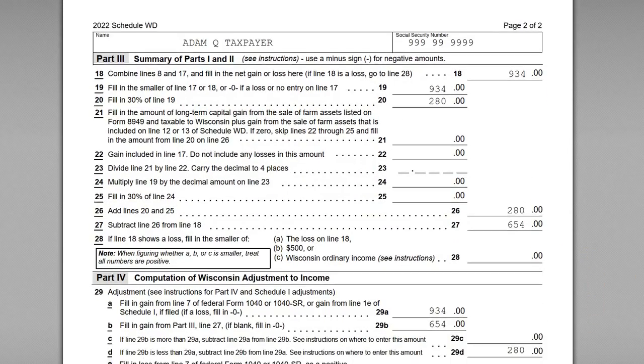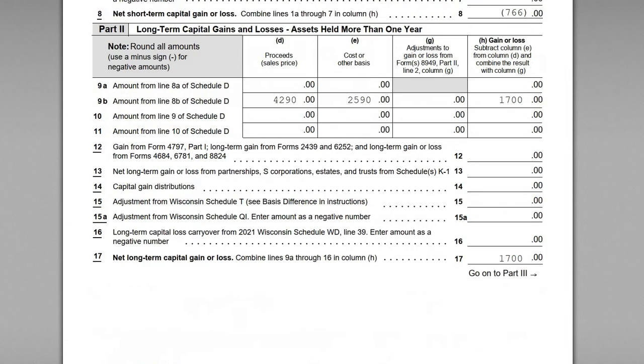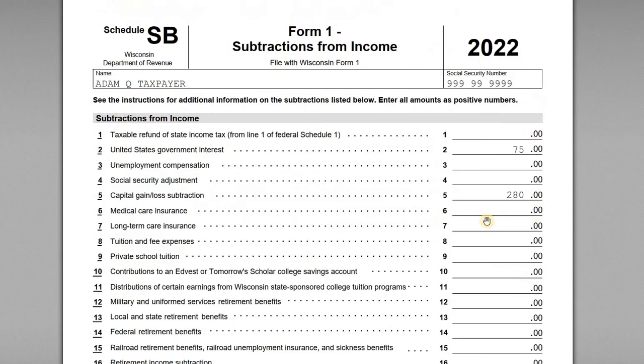If we scroll down to Part 3, where the deduction is being calculated, our net amount of gain is the long-term capital gain minus those short-term losses, so $934. We take 30% of that figure, and that is the amount that we can deduct. So when we look at Schedule SB, we have a $280 subtraction for capital gain losses.